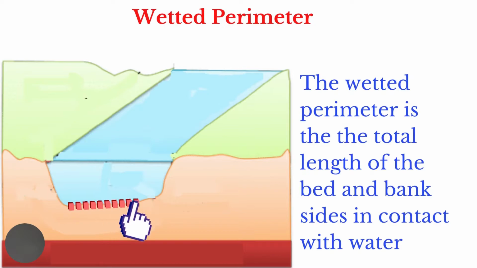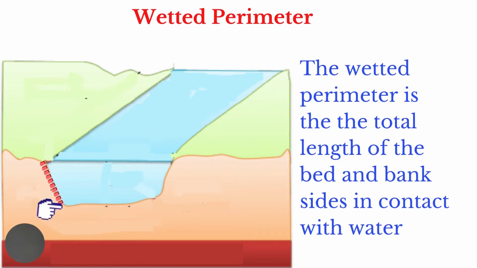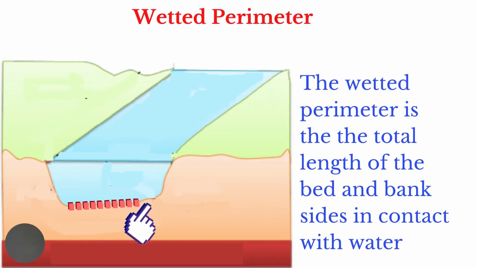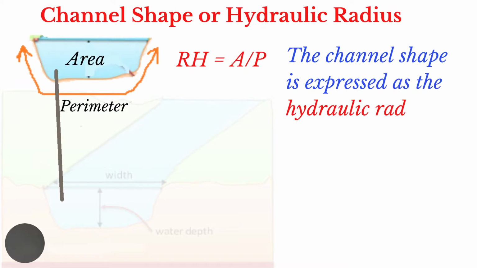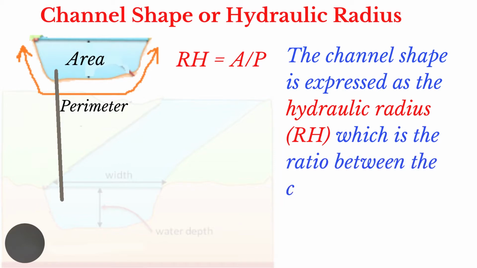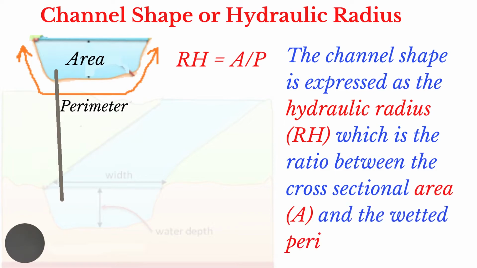The wetted perimeter is the total length of the bed and banks in contact with the water. Now the channel shape is expressed as hydraulic radius, and the hydraulic radius is calculated by dividing the cross-sectional area by the wetted perimeter.